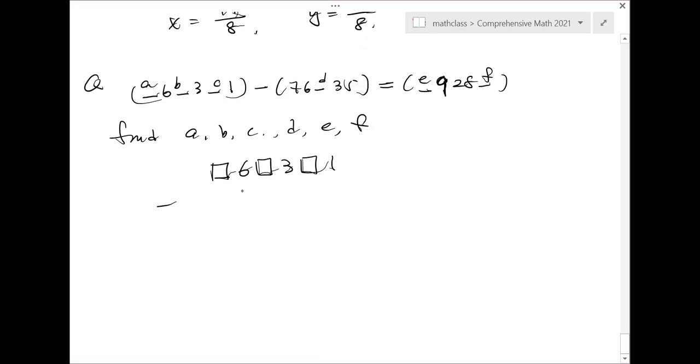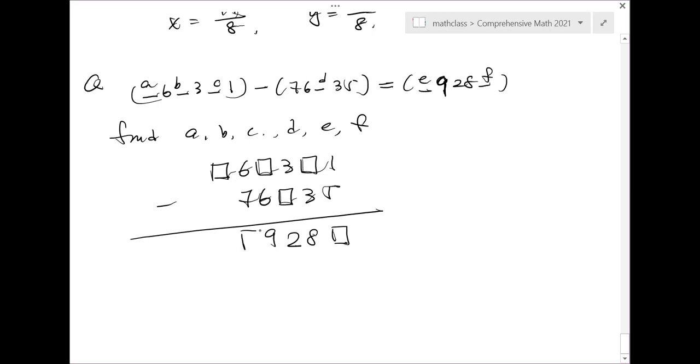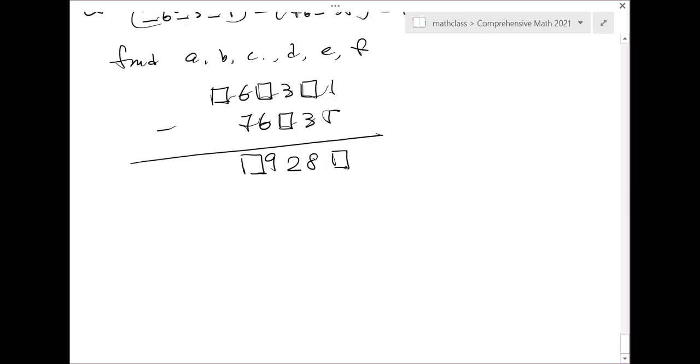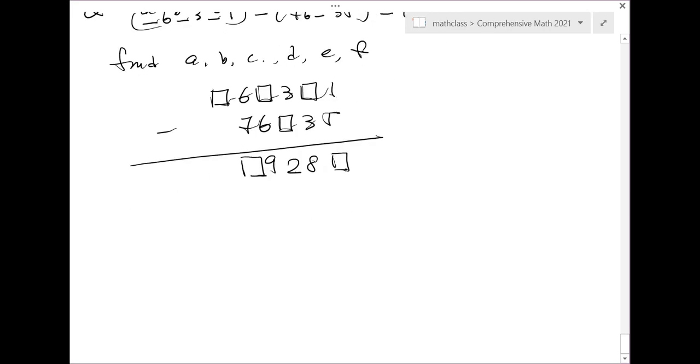And then it'll be 7, 6, this is unknown, and 3 and 5, and then at the end you have, we don't know this number, right? And the 8 and the 2, right? And the 9, and this is the unknown number. Okay, so we're trying to figure out all those digits in the boxes.